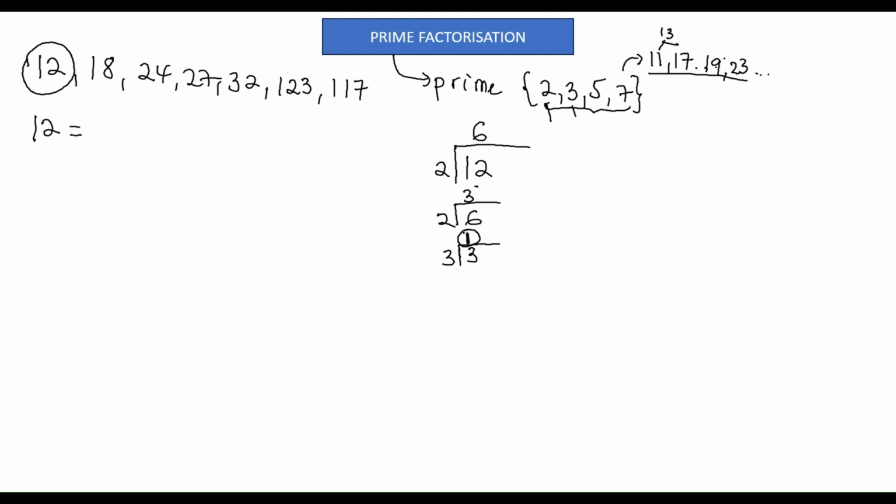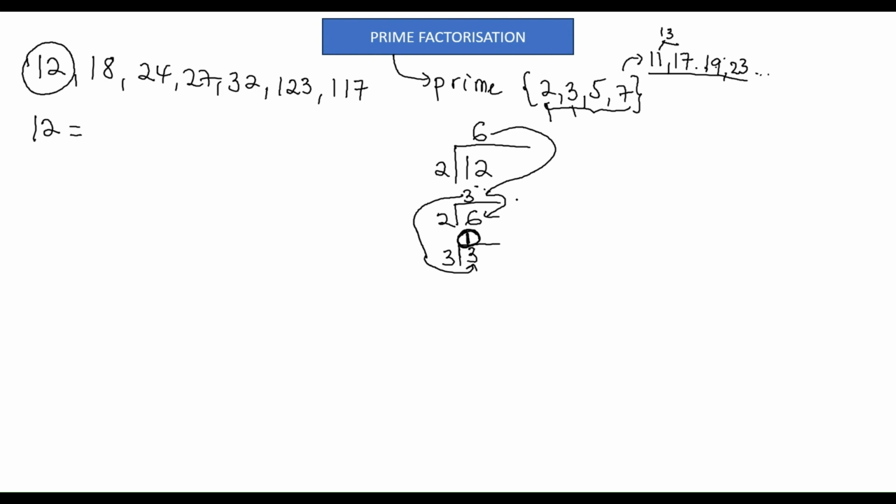The point where you have obtained 1, you don't need to proceed with the division again. Basically, what we did is take the number 12. When we did the division, we had 6. So we now focus on that 6, then do the division, and we get 3.